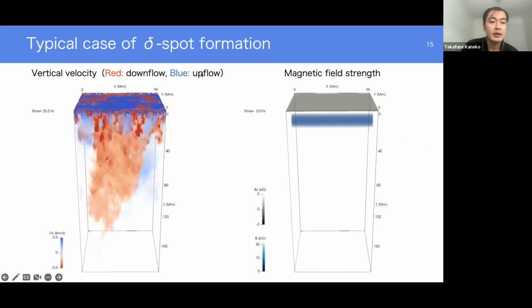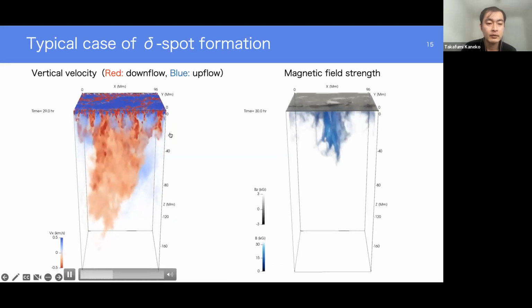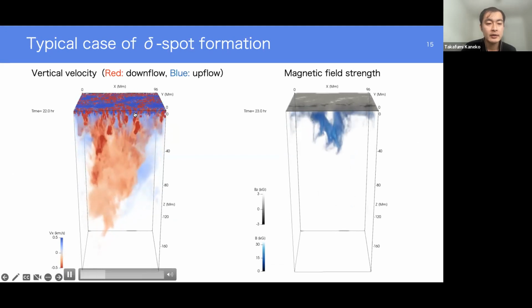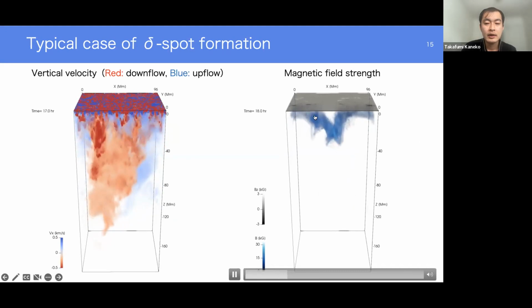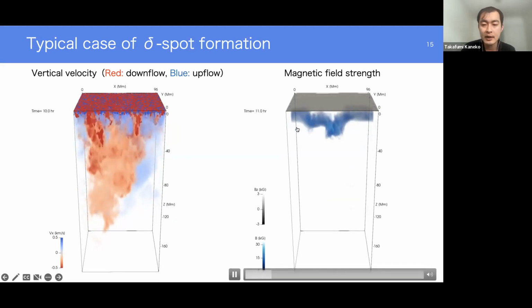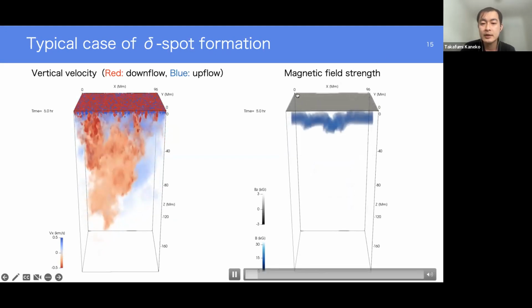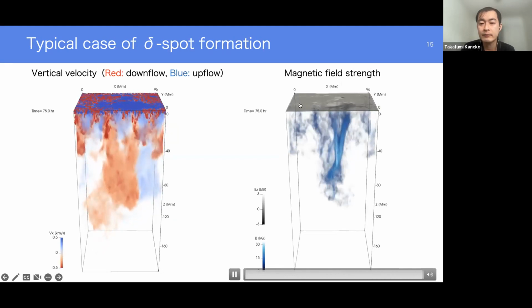So this is a typical case of the result. The left panel shows the vertical velocity, where red is downflow and blue is upflow. The right panel shows the magnetic field strength in color, and the gray scale at the top is the vertical component of the magnetic field.